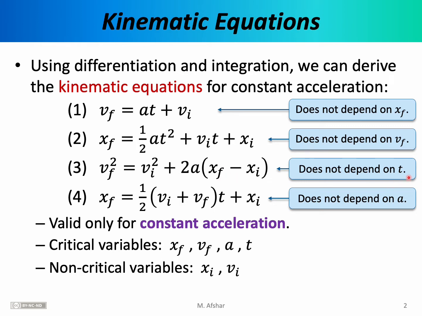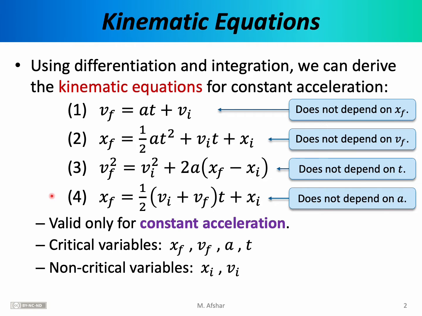Equation 3 does not depend on time, so if you're asked how long does it take or how many seconds does it take for the race car to cross the finish line, you probably should not be using equation 3 because time does not show up in equation 3, so you can't solve for t. And equation 4 does not depend on the acceleration. If you're asked to solve for the acceleration, equation 4 is a bad choice.